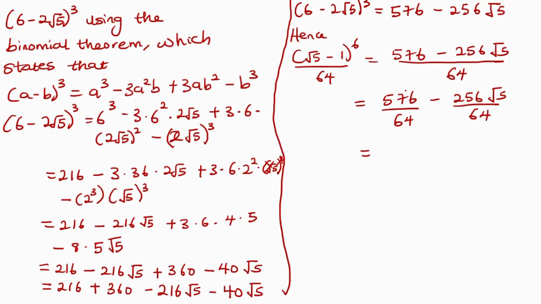So let's simply divide this. 576 divided by 64 is going to give us 9, minus 256 divided by 64 is going to give us 4 root 5. So guys, this becomes the final answer.